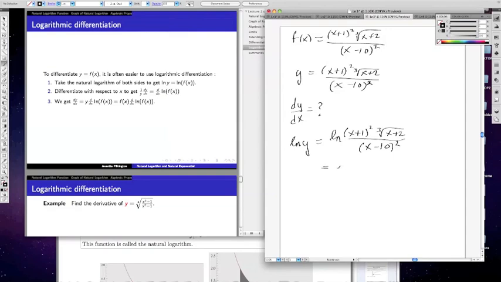So we can expand that and simplify it in the process. On the right-hand side, we have the natural log of x plus 1 squared plus the natural log of the cubed root of x plus 2, which is x plus 2 to the 1 over 3, minus the natural log of the denominator, x minus 10 squared. And we can simplify further. We can take those exponents and put them before the natural logarithm.